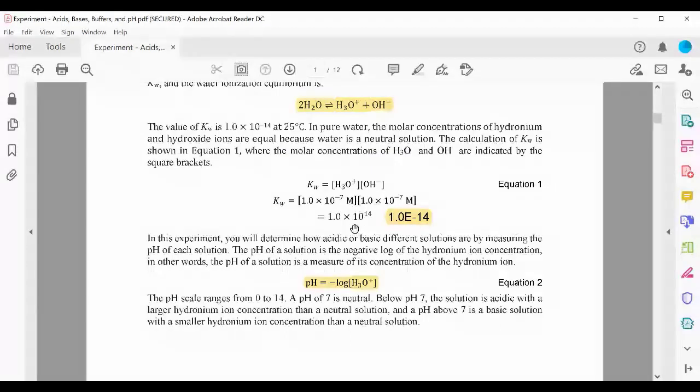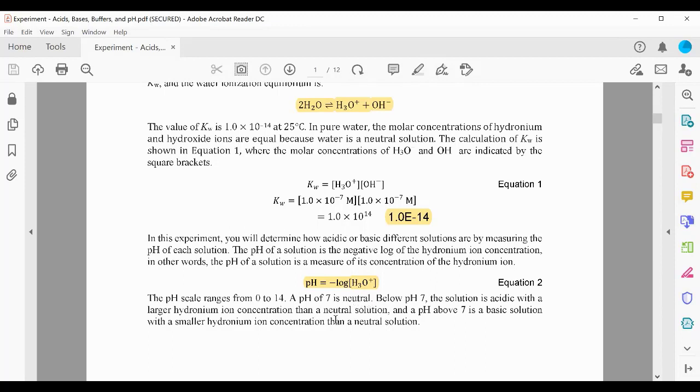We said that the concentration in water of hydronium ions is 1.0 times 10 raised to the minus 7. Because we want to make it simpler, there is a definition of pH that also measures the hydronium ions, which is minus log of the concentration of hydronium ions.